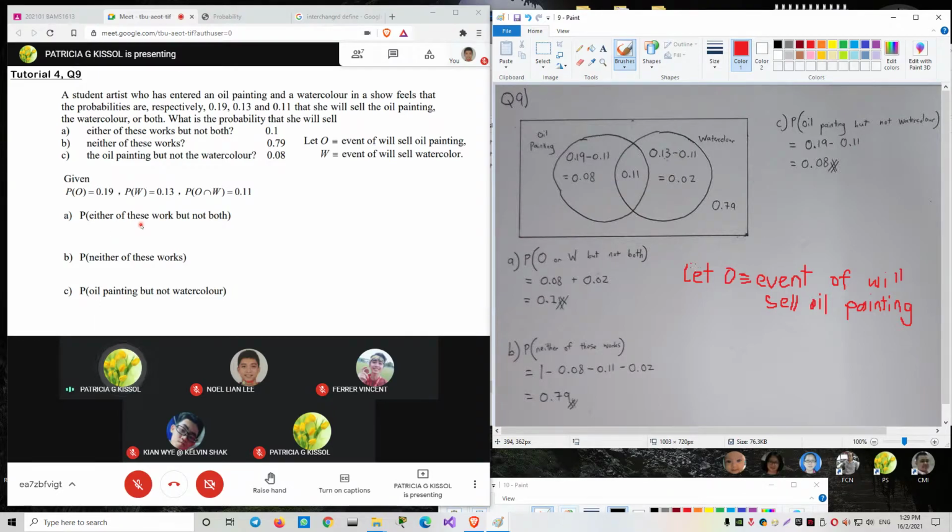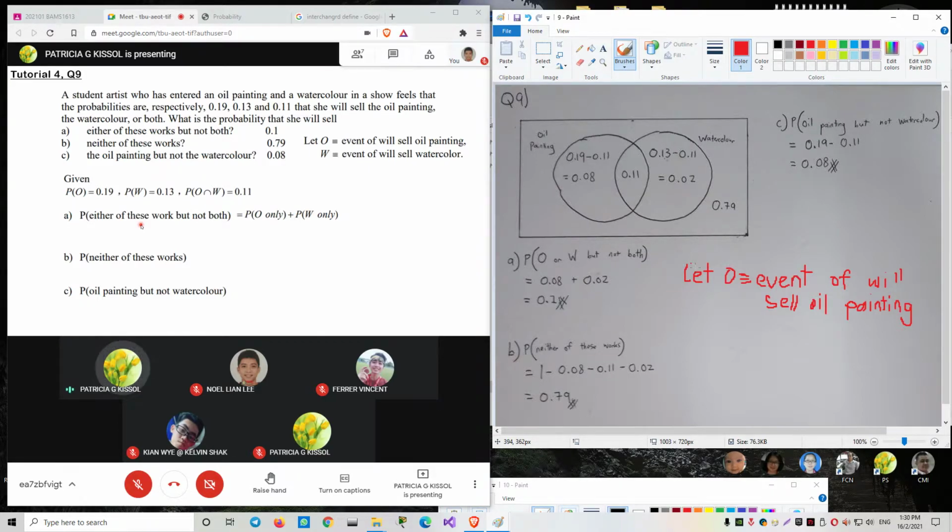So we are focusing only on the probability of oil painting only and the probability of watercolor only.